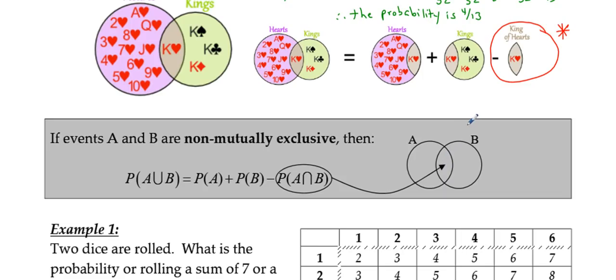Now, to calculate that overlap, sometimes you can just count how many outcomes there are like we did here. Sometimes, because this is A and B, if the events are independent, you can calculate it just by P(A) times P(B) if they're independent.